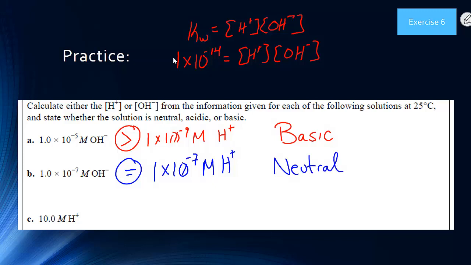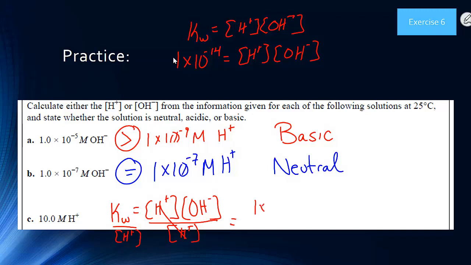Lastly, if I have 10 molar hydrogen ions, I want to find the concentration of hydroxide. Since our equilibrium position for the self-ionization of water has to equal the concentration of hydrogen times the concentration of hydroxide, if I divide by the concentration of hydrogen on both sides, I can get my answer.